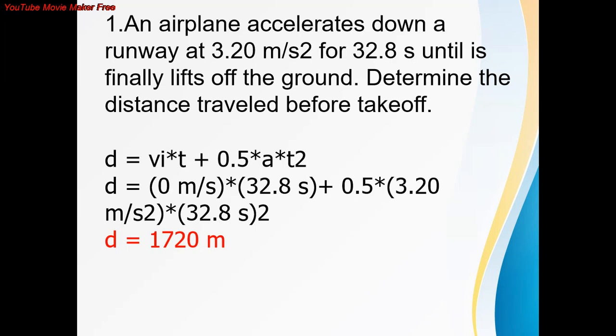Do take care of the unit, and always write the unit after solving, because the unit has a very big role in numericals. If you write the wrong unit, or if you do not write the unit, then the answer would totally get changed, right? So this is the first question which I wanted to discuss.